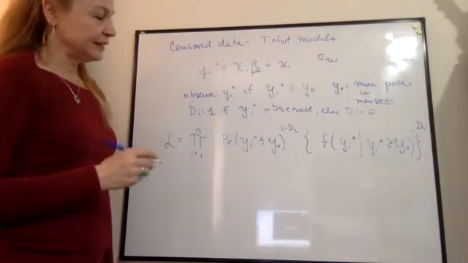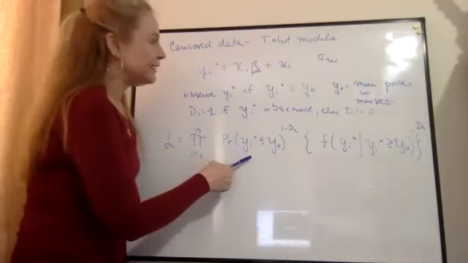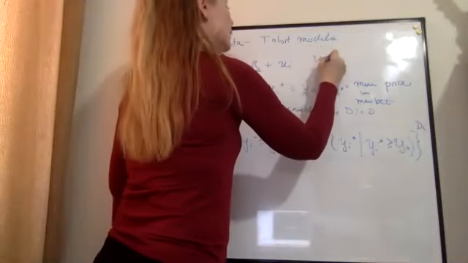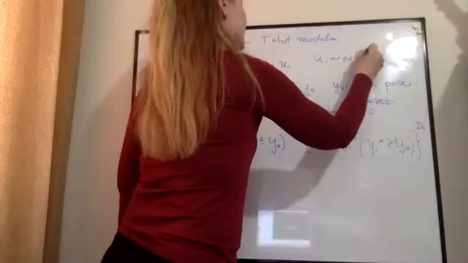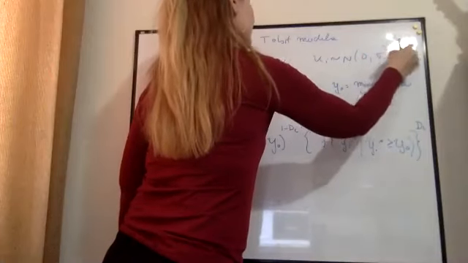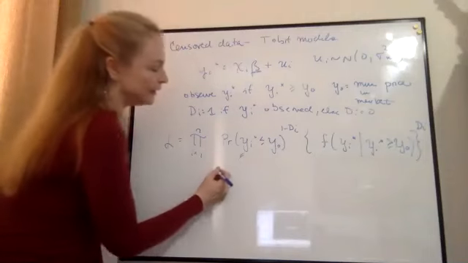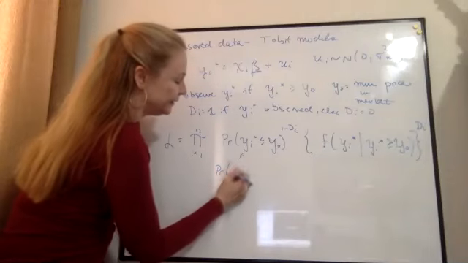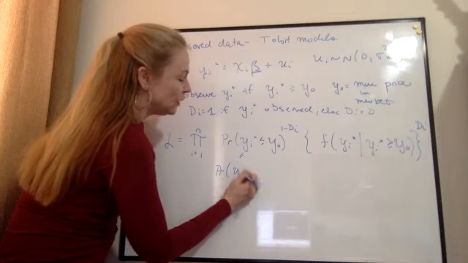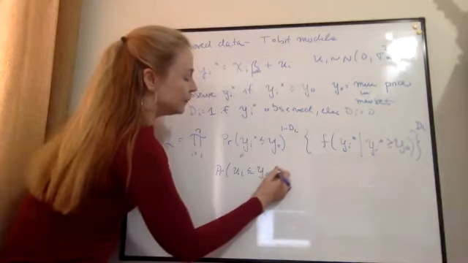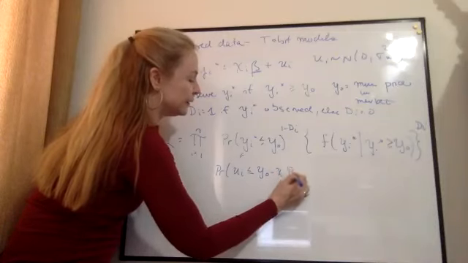Okay, so that's the likelihood. And if we write down this probability, we're going to assume u_i is normal, mean 0, with some variance. So the probability that y_i star is below y_0 is the probability that u_i is less than or equal to y_0 minus x_i beta.